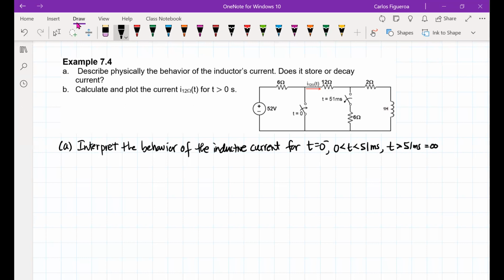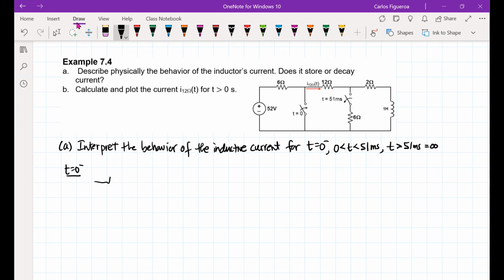So here we go. If I look at my circuit, at t equal to 0 minus, you can see that the switch to the 52 volt source is open and the switch to the 6 ohm resistor is closed. So my circuit looks something like this.